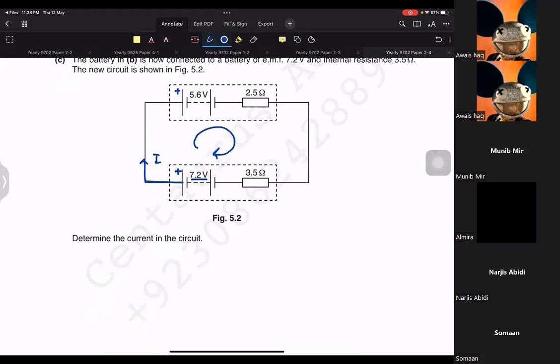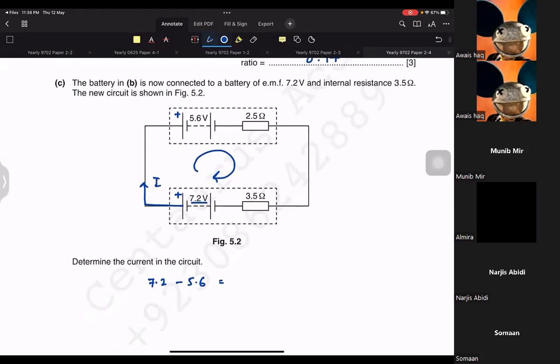So what I'm going to do, sum of EMFs are going to be 7.2 minus 5.6 because that's opposite. And sum of potential differences are going to be current times 3.5 plus current times 2.5.